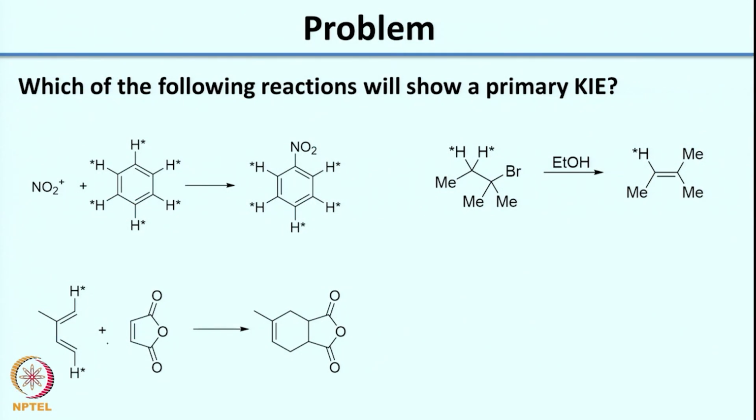I will start with the third reaction because it is an example of a Diels-Alder reaction. And the mechanism for this reaction is a concerted mechanism. So I can directly draw the arrows here.